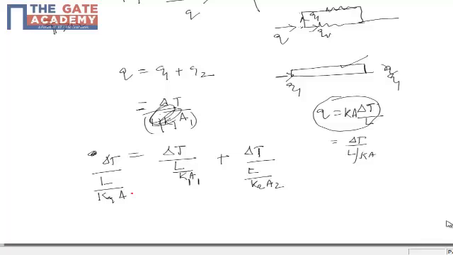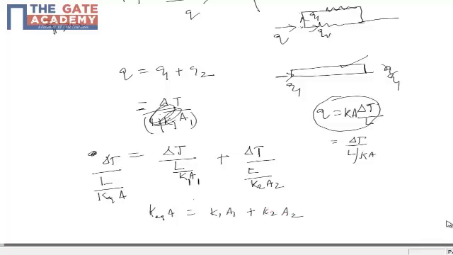and now the delta T's get cancelled out. So effectively what I get is K equivalent into A is K1 A1 plus K2 A2.